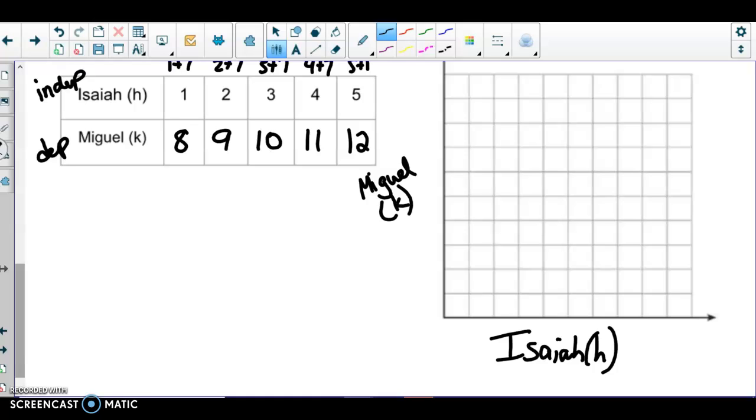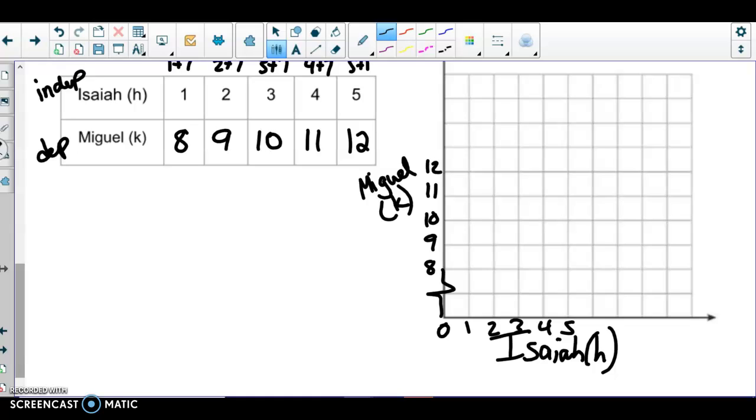Okay, down here, I'm going to just count by 1s again. 2, 3, 4, 5. Then for Miguel, I'm going from 8 to 12, but I can't just start at 8. That tells me I'm counting by 8s, so I'm going to use that skip in data symbol. Then I can start with 8, go 9, 10, 11, 12.